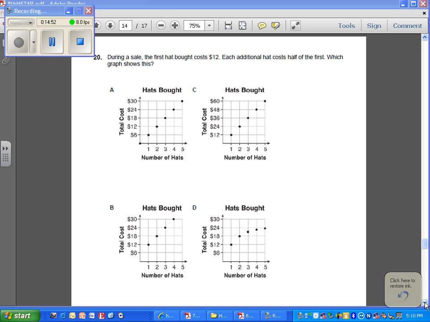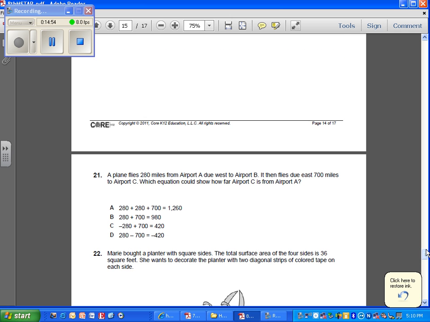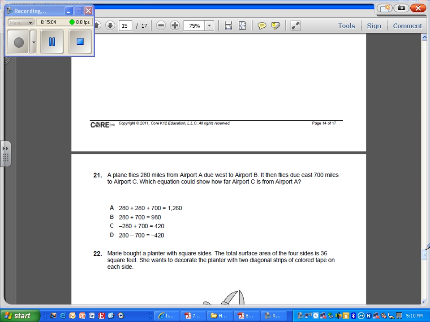All right, number 21, almost done. A plane flies 280 miles from airport A due west to airport B. So airport A, due west to airport B. So west is going to go this way, 280 to airport B. Then it flies due east, 700 miles to airport C. So we're going back this way, 700 to airport C. Which equation could show how far airport C is from airport A?